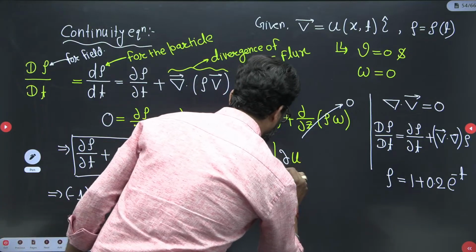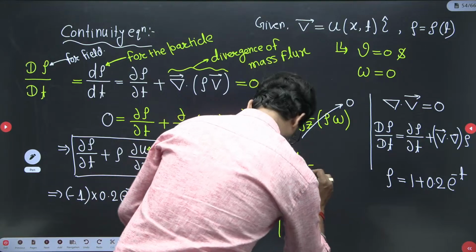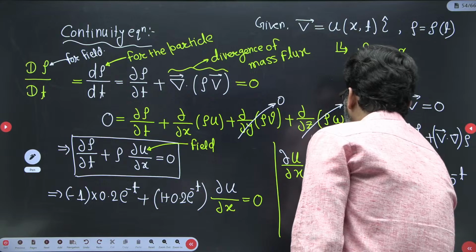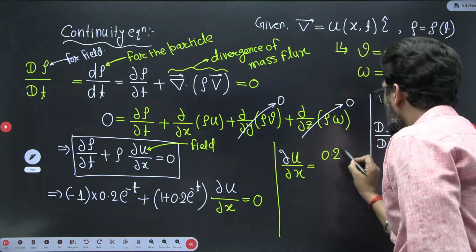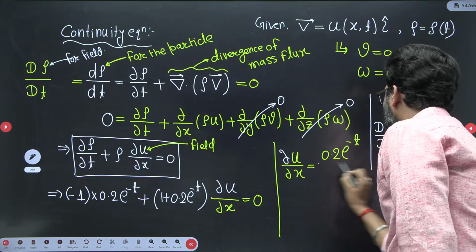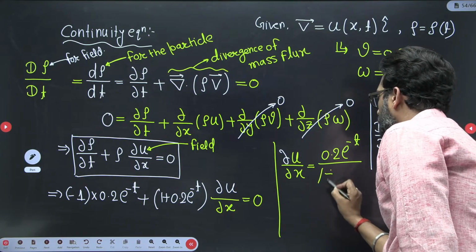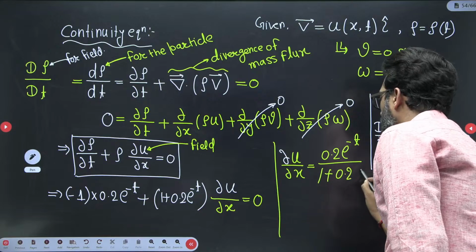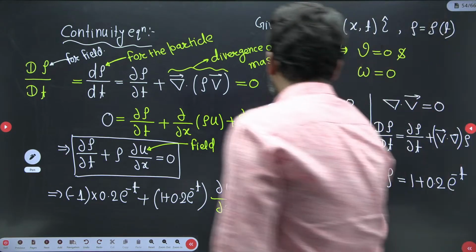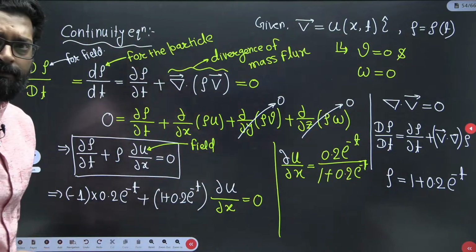Dou u by dou x is what, beta? Dou u by dou x is equal to 0.2 e to the power minus t divided by 1 plus 0.2 e to the power minus t. Now it is very simple, just integrate it.